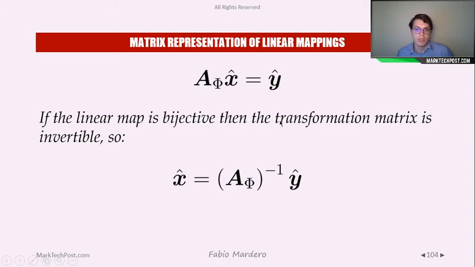We can find the inverse of the transformation matrix. So given this expression that allows us to go from V to W, we can come back and go from W to V, of course using the same basis, by taking the inverse of this transformation matrix.